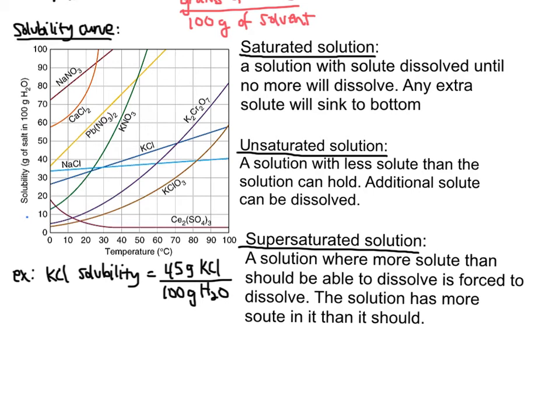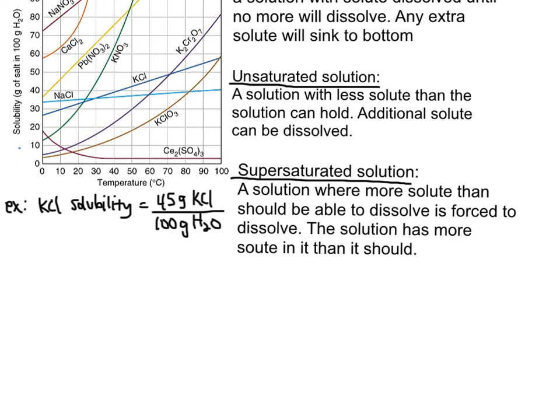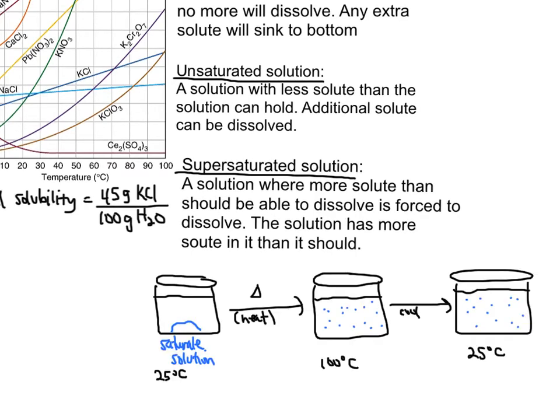Supersaturated solutions that have a solid dissolved in water or a solid dissolved in a liquid tend to be done this way. What you do is you put in your solvent, your solute, till you saturate the solution. So you have extra sitting on the bottom, say at 25 degrees Celsius, room temperature.